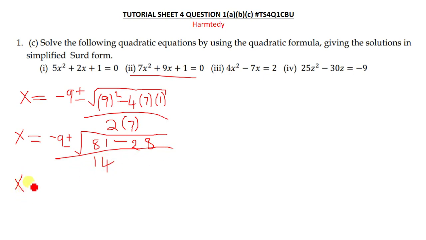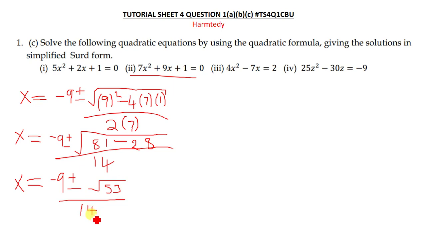The value of x will just be equal to negative 9 plus or minus the square root of 81 minus 28, to give you 53. So 81 minus 28 will give you 53. So we're going to have the square root of 53, everything divided by 14.